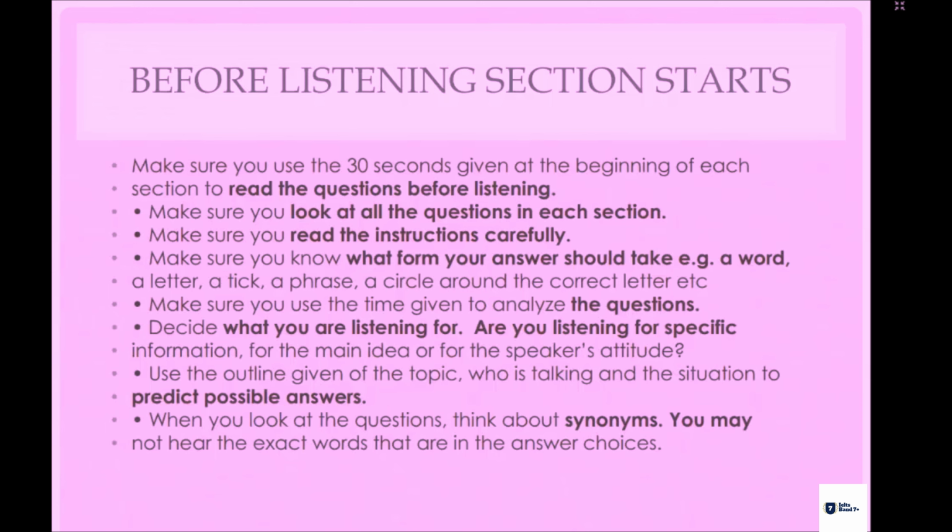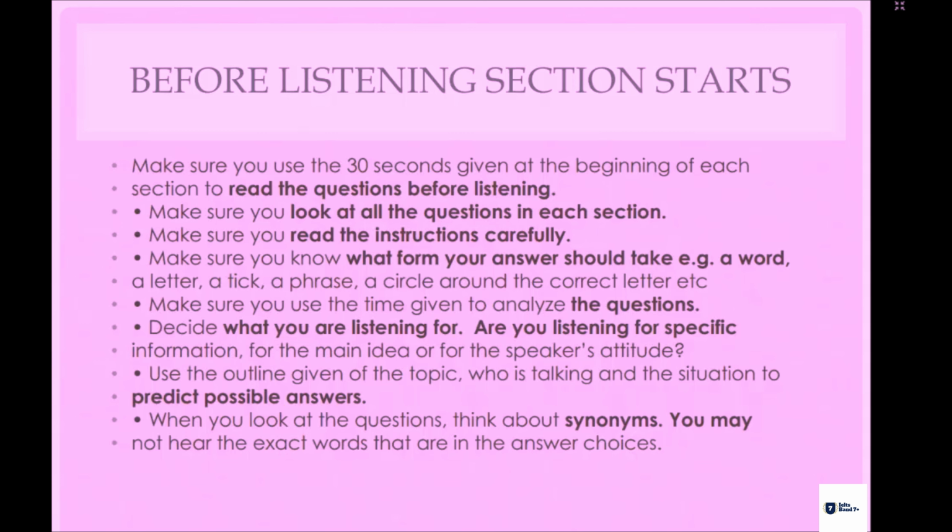One thing that's really important to do is you want to really use the time you have at the beginning of each section to be able to look over the questions. For example, at the beginning of section 1, they always break it down. There are 10 questions for each section.